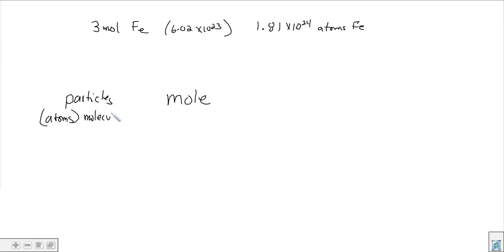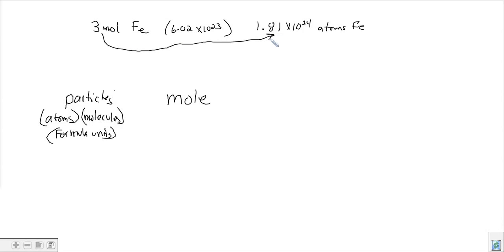So we're talking about the smallest things that are around us. We're going to call those particles. So here's what I did: I went from moles to particles. I turned my 3 moles into 1.81 times 10 to the 24th atoms.